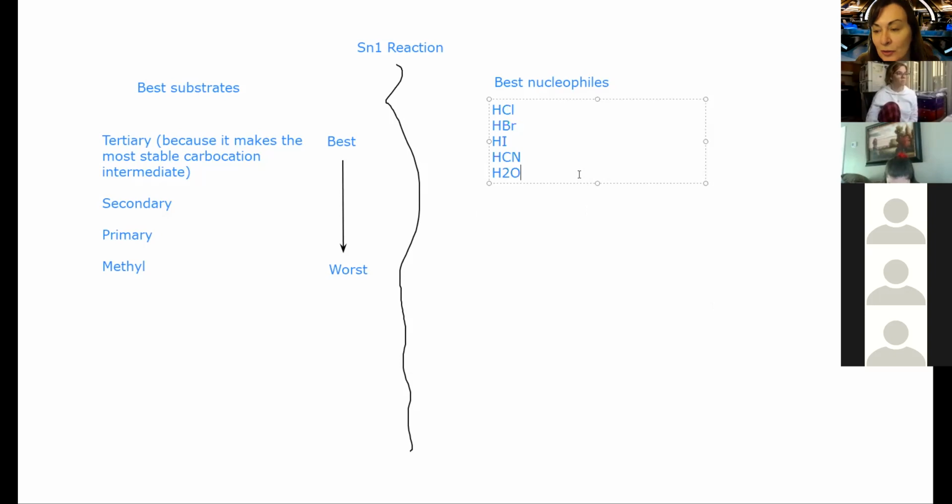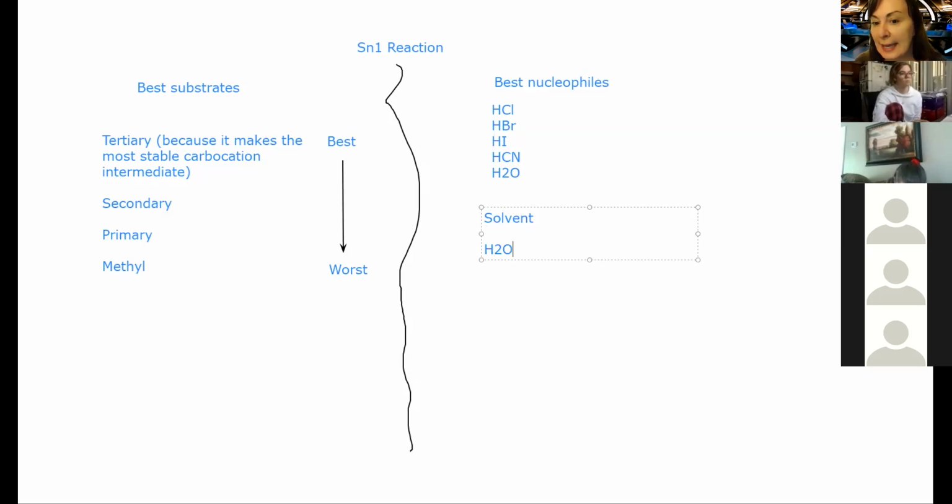And you guys remember those fancy solvents that we use for the SN2 reaction? We talked about them a little bit. We had solvents like acetone and DMSO, remember that? The most common solvent for the SN1 reaction is actually water. No fancy solvents like acetone and DMSO. We used acetone and DMSO when we were doing the SN2 reaction because we wanted solvents that didn't have protons available.